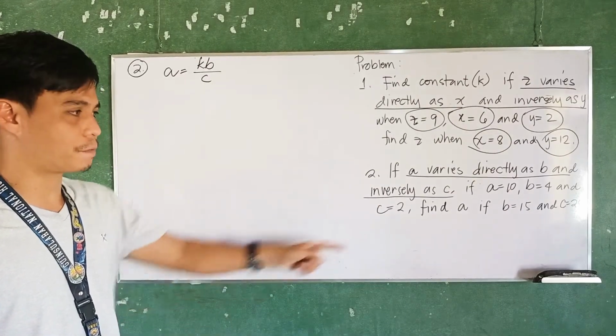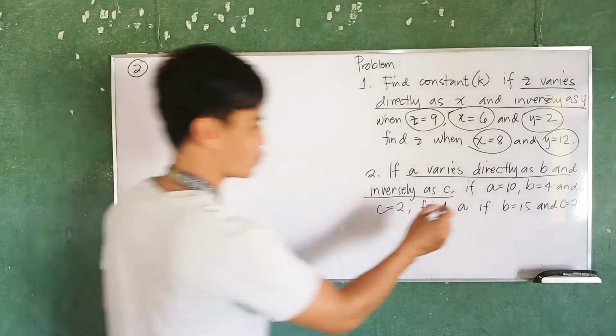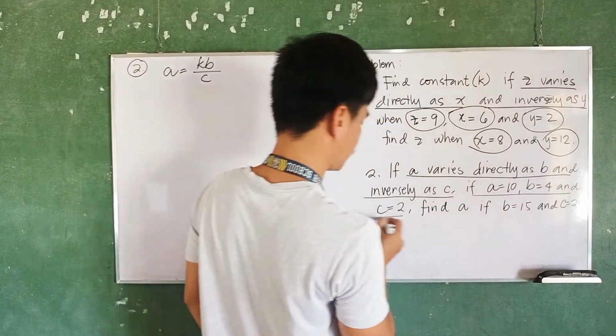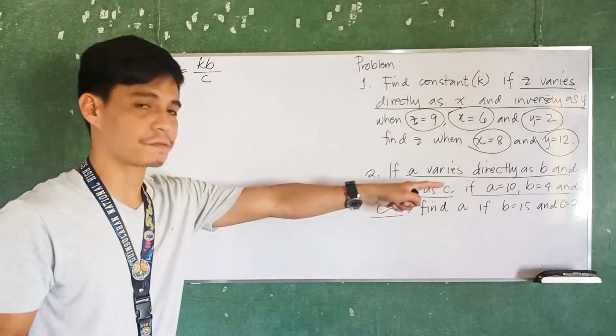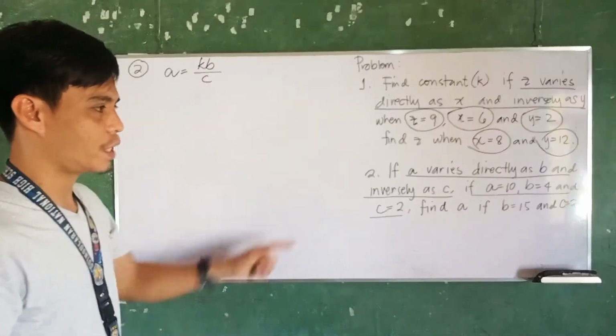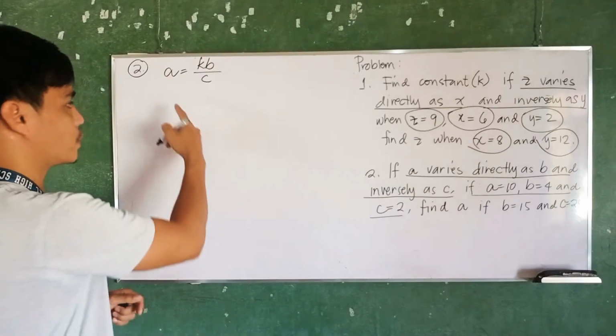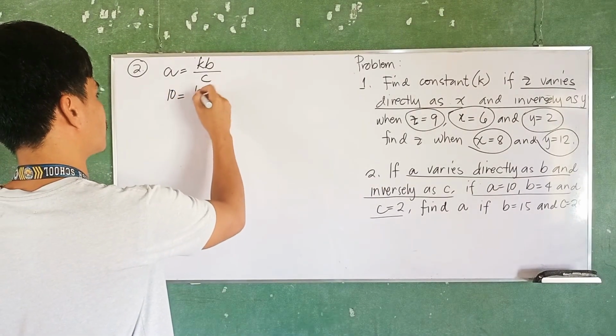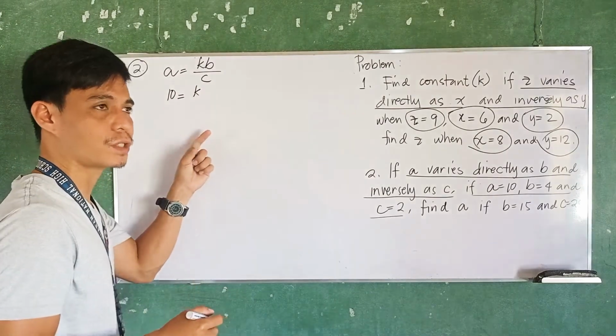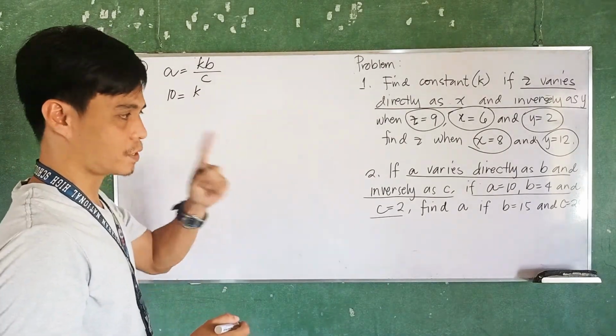And to solve for the first situation and to find the value of constant, so we'll just use first the given A, B, and C. Okay, so therefore your A value there is 10 is equal to your K or constant, which is being computed first.